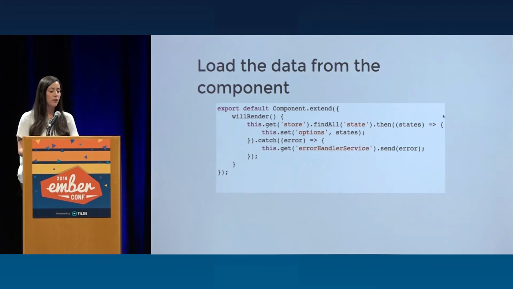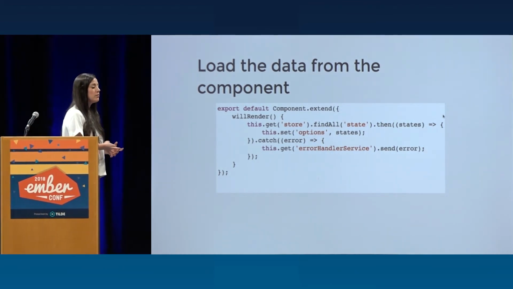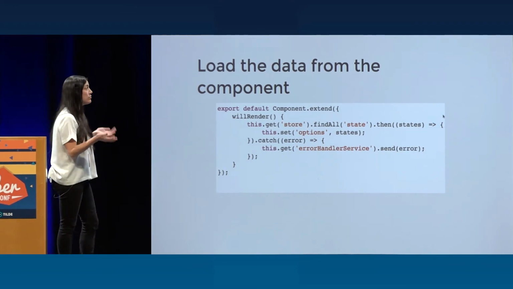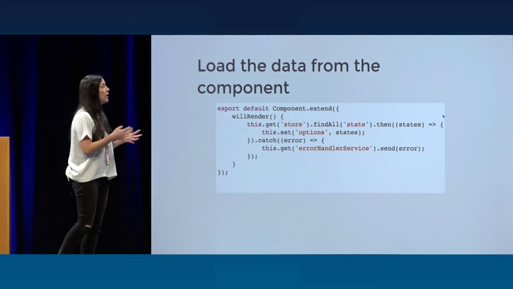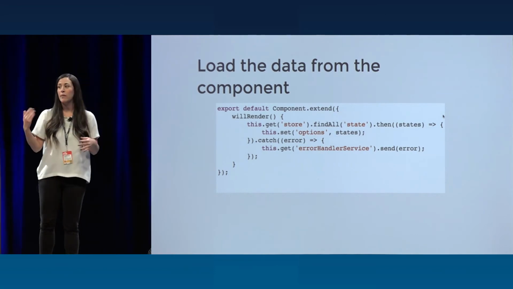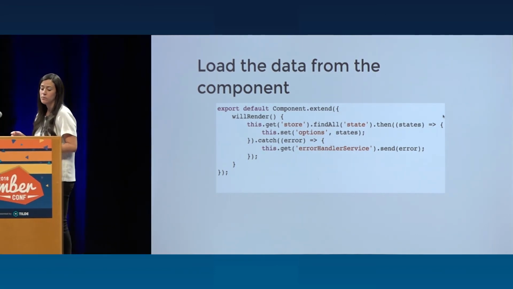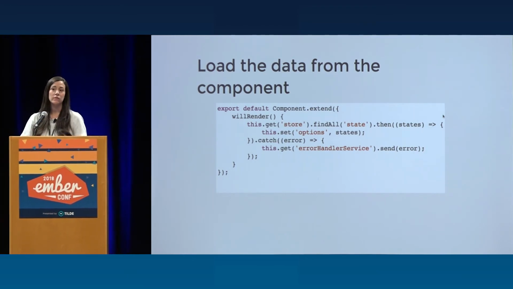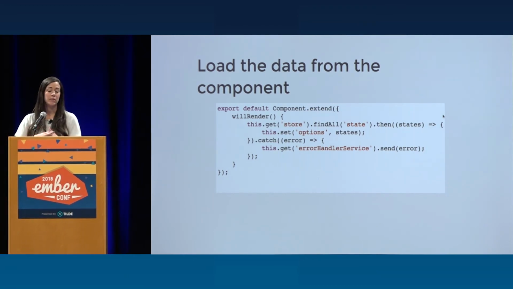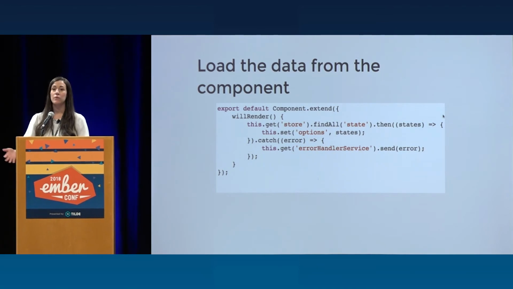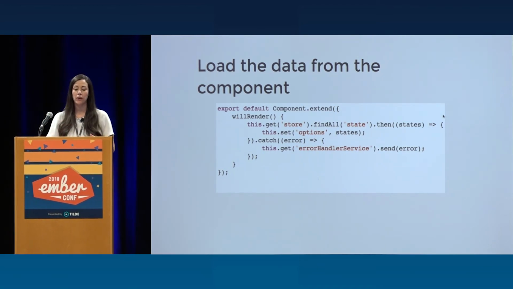So this is an example of how you could load the data. We have this willRender hook. Really, any lifecycle hook for the component could be useful. Here I'm just using willRender so that it happens before the component is rendered. And willRender isn't blocking, so if the promise hasn't resolved by the time the page wants to load, this isn't a blocking call.